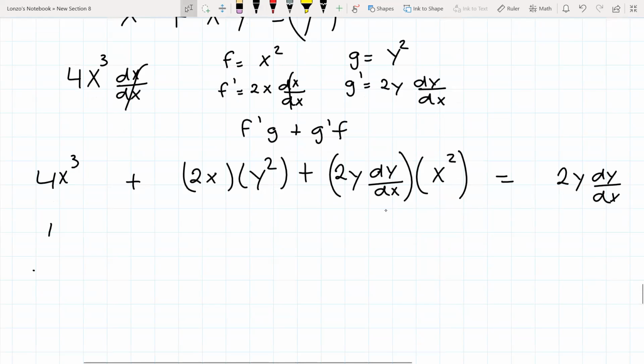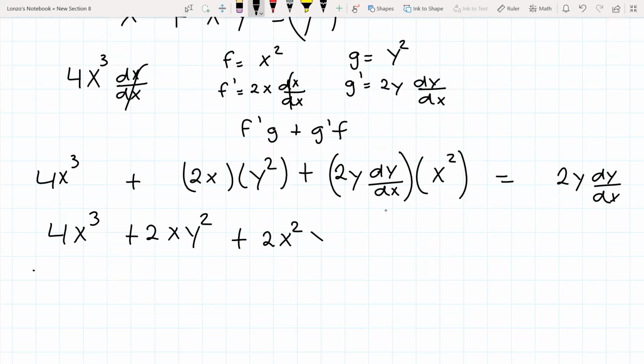So when we clean this up, this is going to be 4x cubed plus 2x y squared plus 2x squared y dy/dx equals 2y dy/dx.